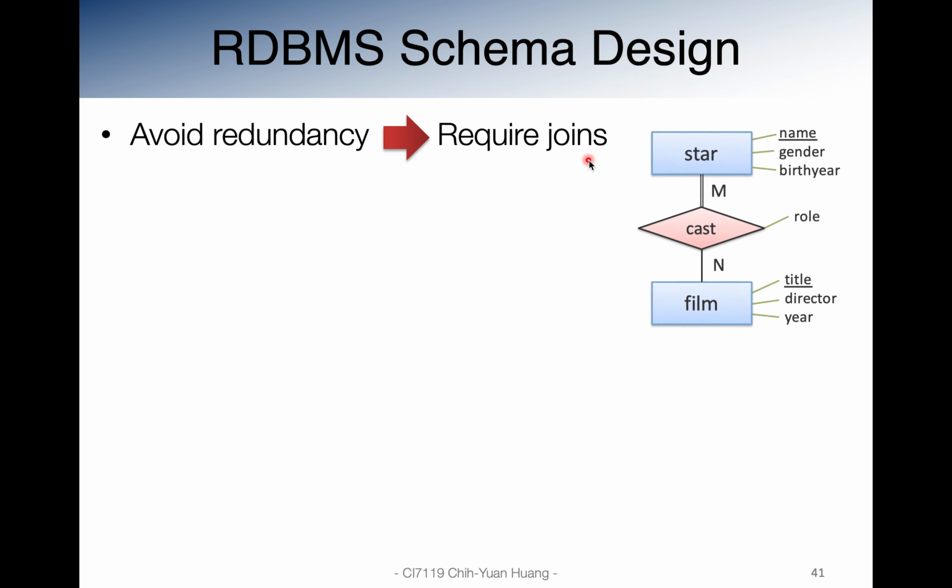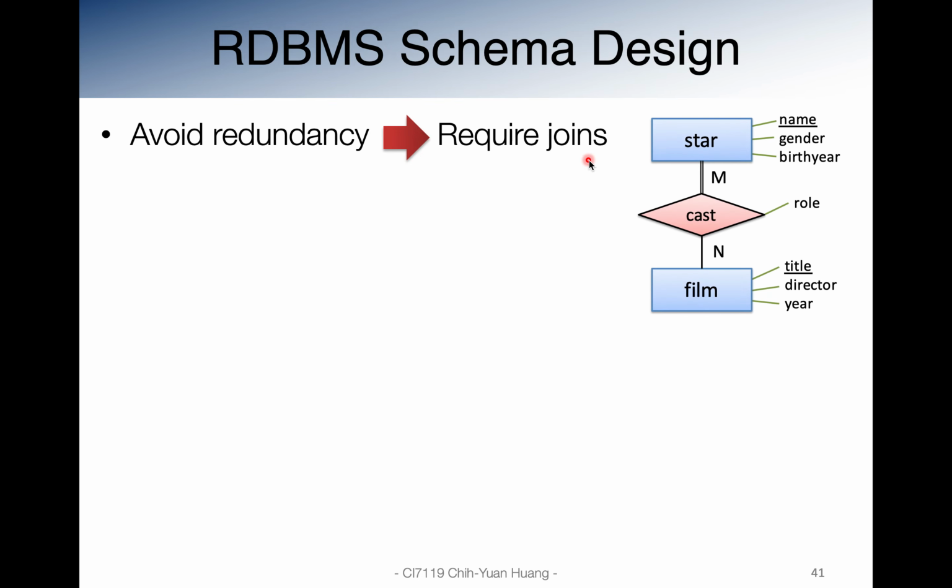So we use the same conceptual data model, and the same conceptual data model can be modeled in a different way. For example, in this way, we can separate each of the entities and also relationships into multiple tables.